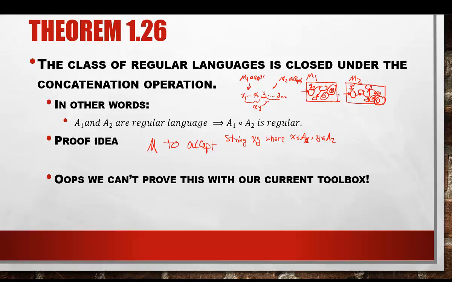So the problem is this, that once I find a way to connect my M sub 1 to M sub 2, which by the way I don't have yet, and with these kinds of machines I won't, by the time that my machine M sub 1 is processing the symbols from the first part of the string, the machine M sub 2 may also be processing some of these symbols.